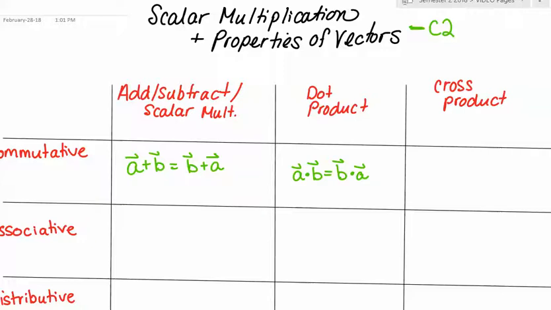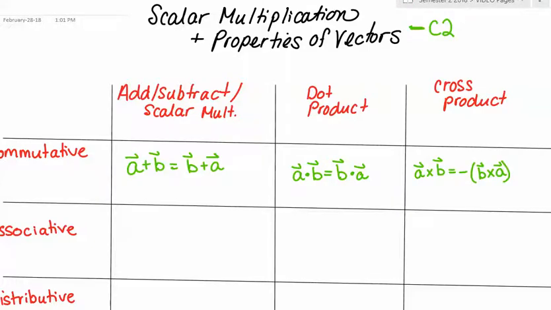For the cross product, if I take the cross product of vector A cross B, then that's not going to be the same thing as vector B cross A, but it is going to produce an opposite vector. So if I just stick a negative in front of this, then they can be equal.